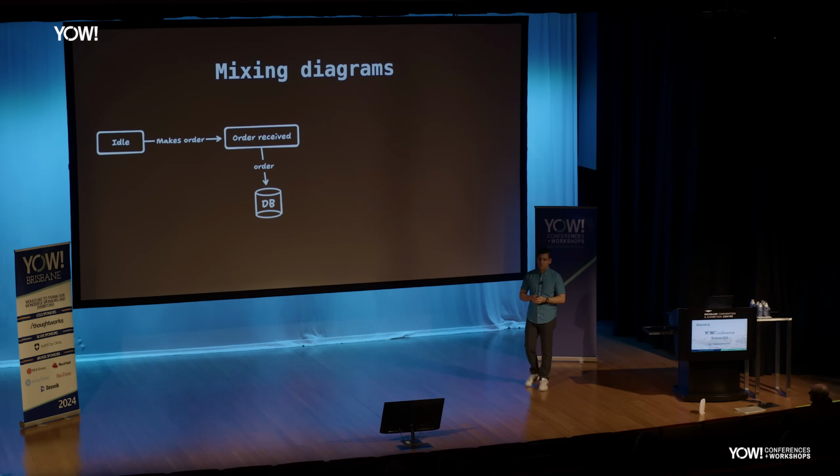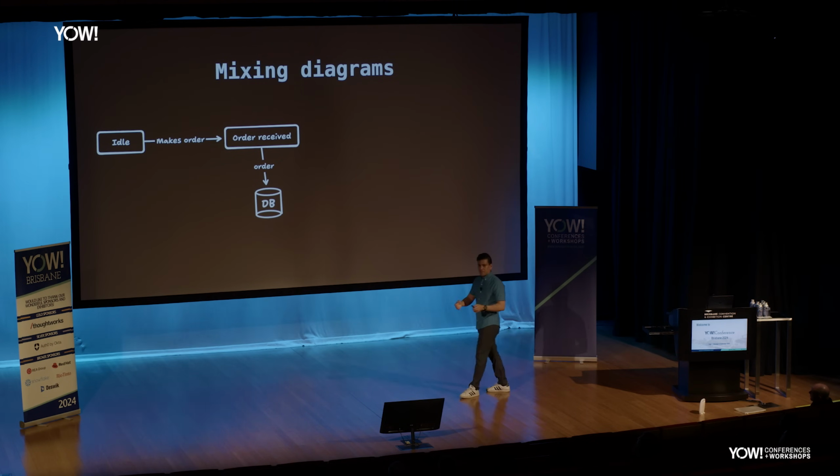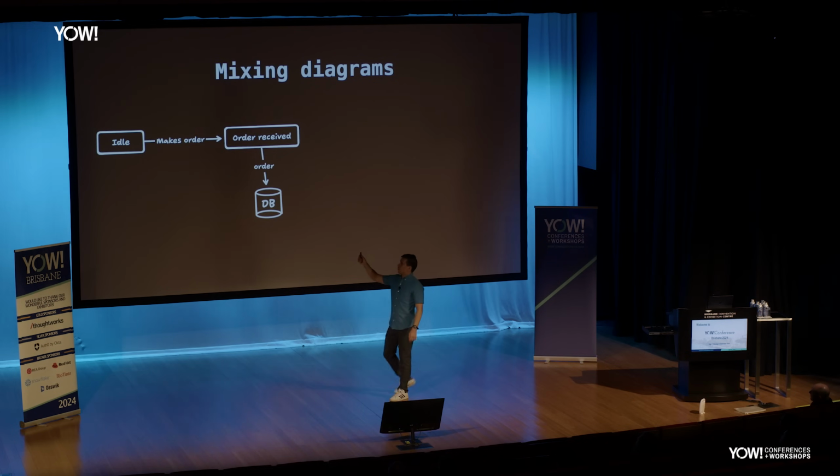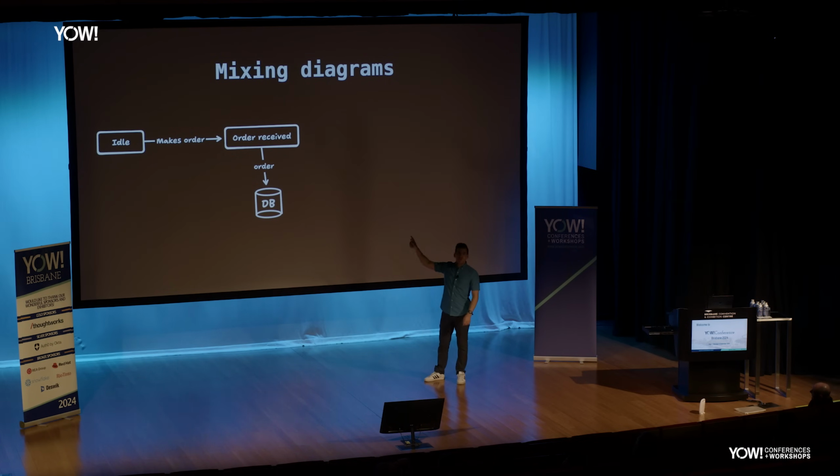I've also seen this recently, mixing diagrams, where, for example, we might be explaining a process where we're in a coffee shop, the barista is idle, we make an order, the order is received, and then through some magic, this order goes to some database so that we have a list of these orders later. And that might make sense, but these two arrows mean two completely different things now.